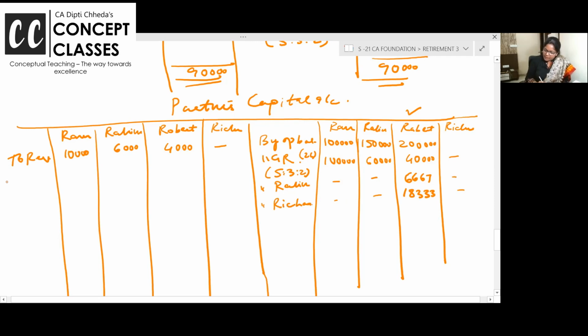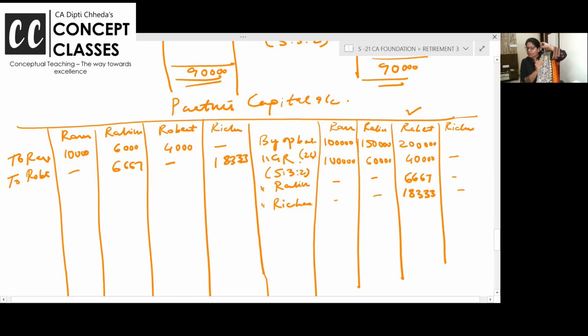And debit these. Robot. Rahim debit 6,667 and Richard 18,333. Take your time and tell me, is it clear or not?